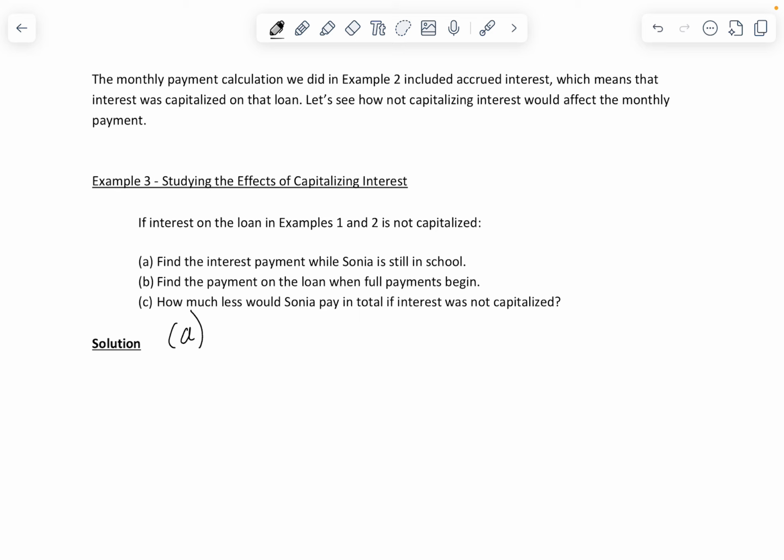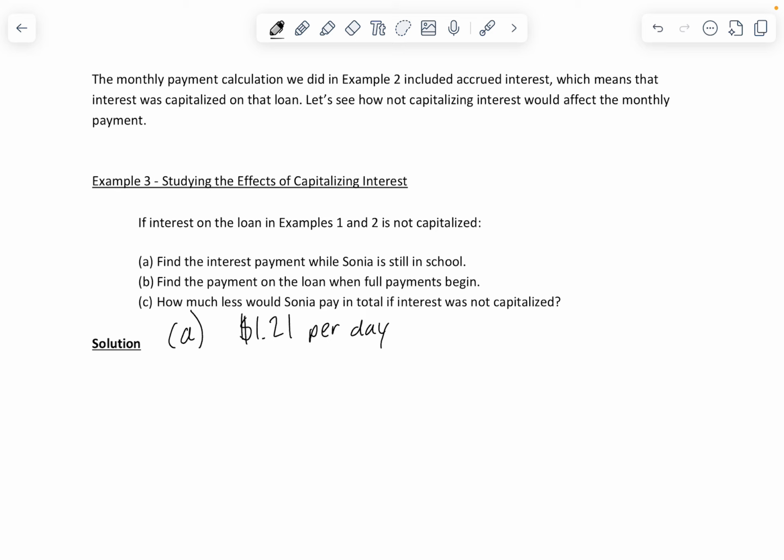The interest that is due each month will be the interest that accrues on the loan at the rate of $1.21 per day. So the student will owe that amount times the number of days in any given month. Okay, so Part A is basically what we did in example 1.